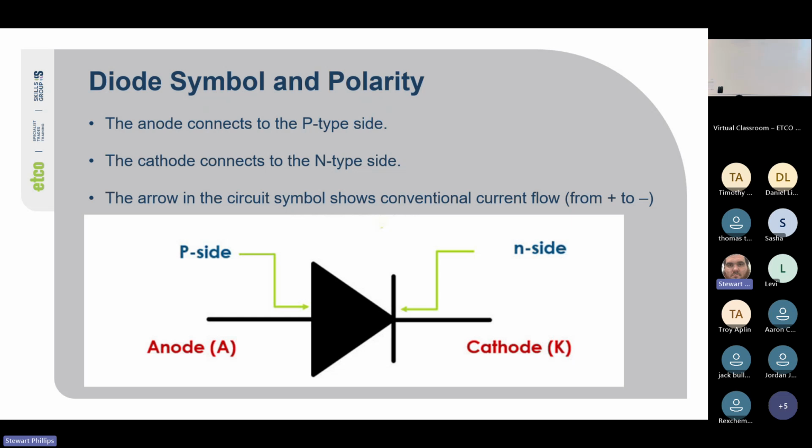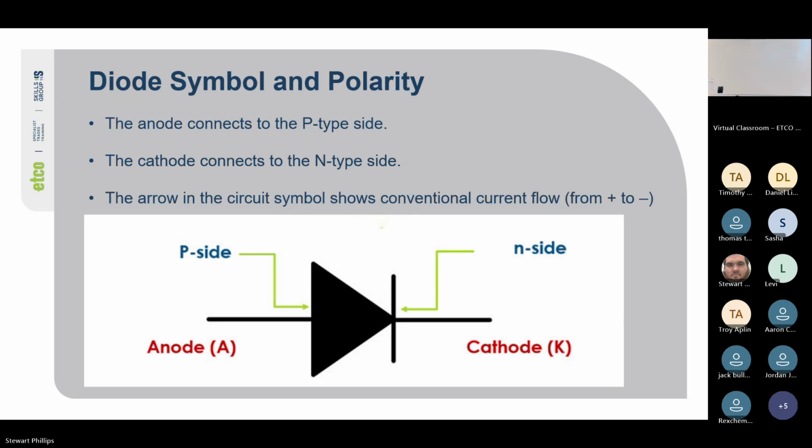So this is what the symbol looks like. We have a triangle and a line. If you look at that as the direction, anode to cathode, so positive to negative, conventional current flow. If you see this symbol in a circuit diagram, it means there is a diode installed.